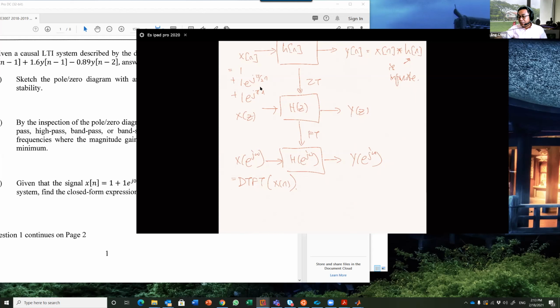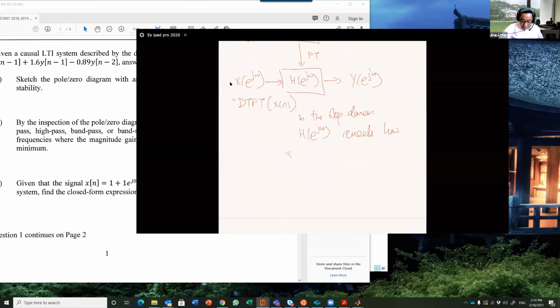Now, the interesting thing is that in the frequency domain, what does H(e^(jω)) reveal? H(e^(jω)) reveals how X(e^(jω)) will change at each frequency.